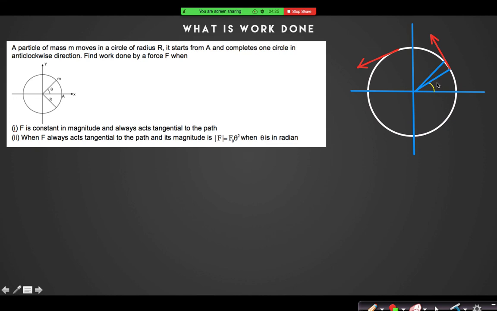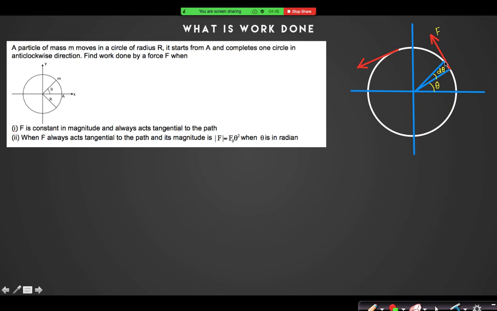Now let us assume that this angular position is theta, and the particle in a very short time interval covers this angle d theta. So if the particle covers this angular position d theta with this force F, let us assume this force F to be constant for this small time interval.